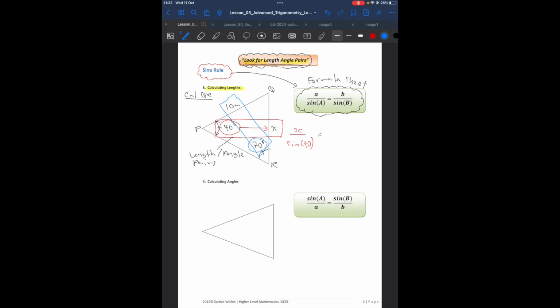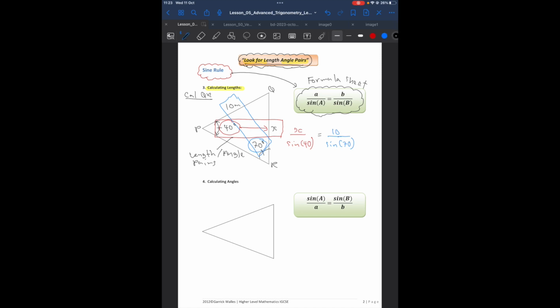So we can write 10 over sine 70. And that's the application of the sine rule. All we've done is create this little formula that we need to solve in order to get the value for x. We don't need to worry about the general formula anymore.